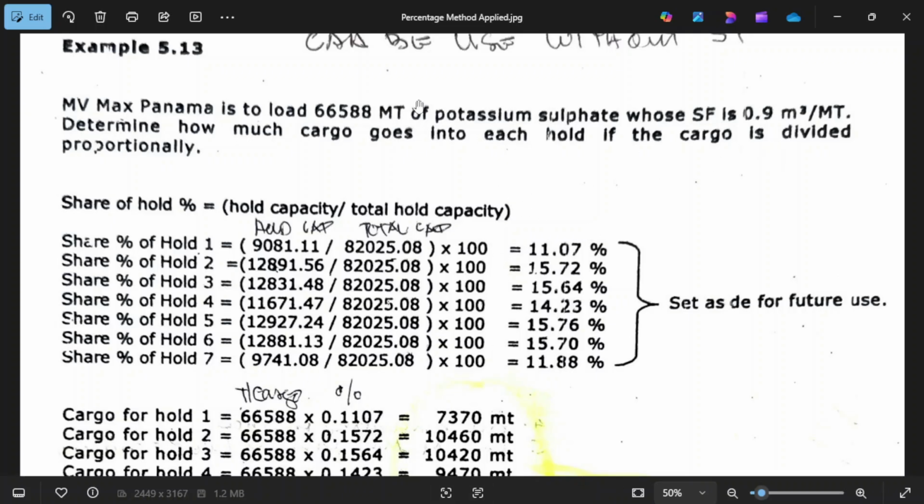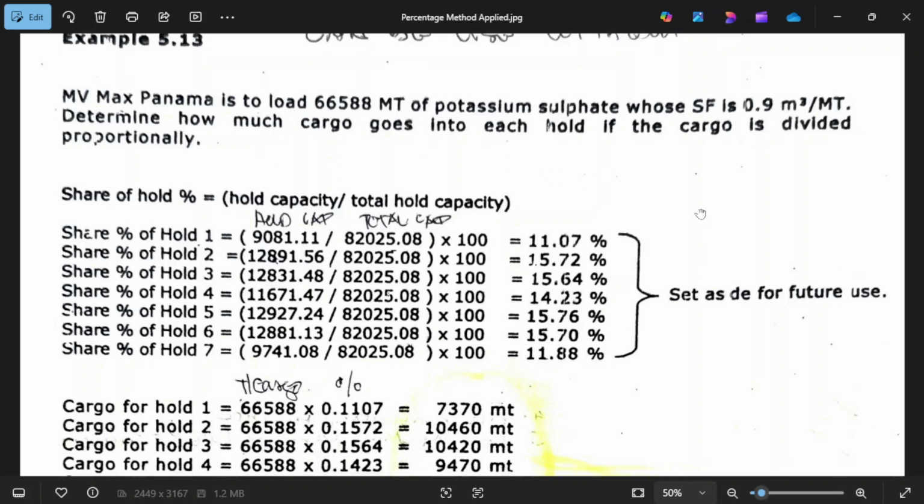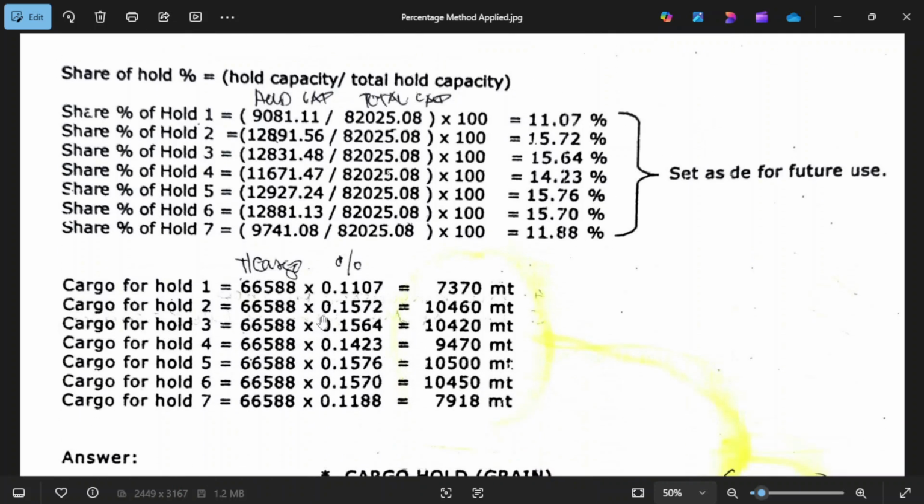Then you have this maximum cargo to load, which is 66588. You multiply it by your percentage and you will get the value. So in this procedure, you don't have to use the storage factor, only the percentage in each hold. Then you will get the value of each cargo hold.